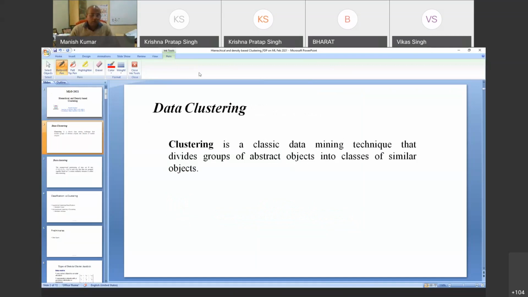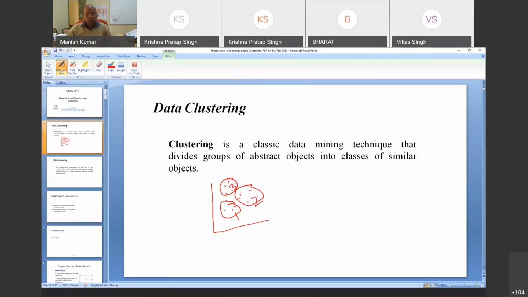If you have some set of points on, say, a two-dimensional plane, and you consider distance-based clustering, then you can say there are groups of points like this and like this. So I can say this is my class 1, this is my class 2, this is my class 3.